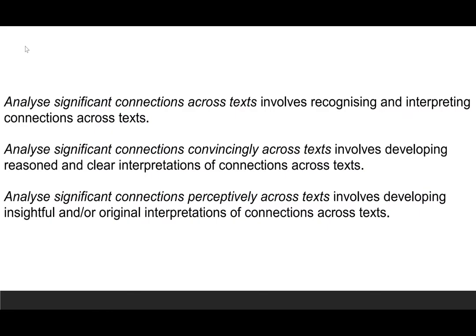So these are just some of the clarifying details about what it takes. So this one is just telling you what analyse significant connections means, and goes through those other bits for merit and excellence, but I'll talk you through those in a little bit clearer language. This is a bit assessment heavy, so I'll try to talk you through that in a moment.